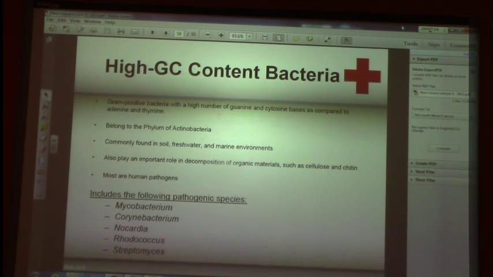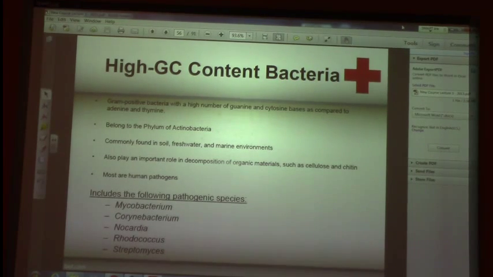As I mentioned during week 3's lecture, your textbook contains plenty of genera that are listed. We're only going to focus on a select few, and those would be the ones that you are responsible for.